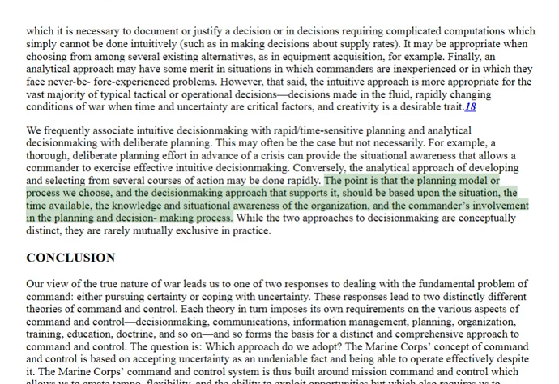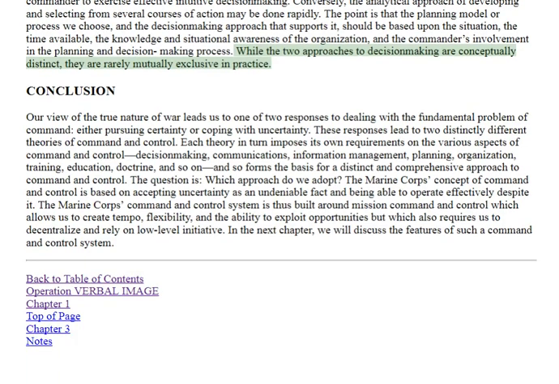The point is that the planning model or process we choose, and the decision-making approach that supports it, should be based upon the situation, the time available, the knowledge and situational awareness of the organization, and the commander's involvement in the planning and decision-making process. While the two approaches to decision-making are conceptually distinct, they are rarely mutually exclusive in practice.